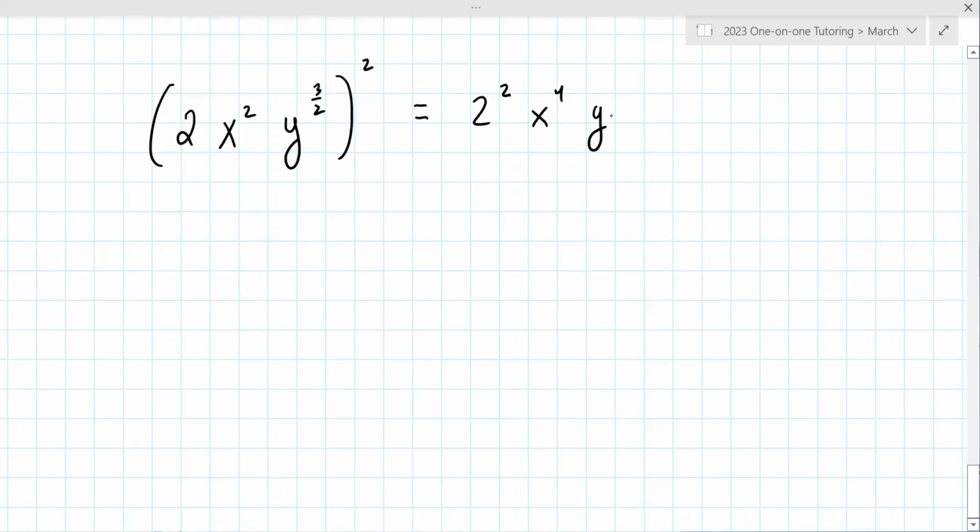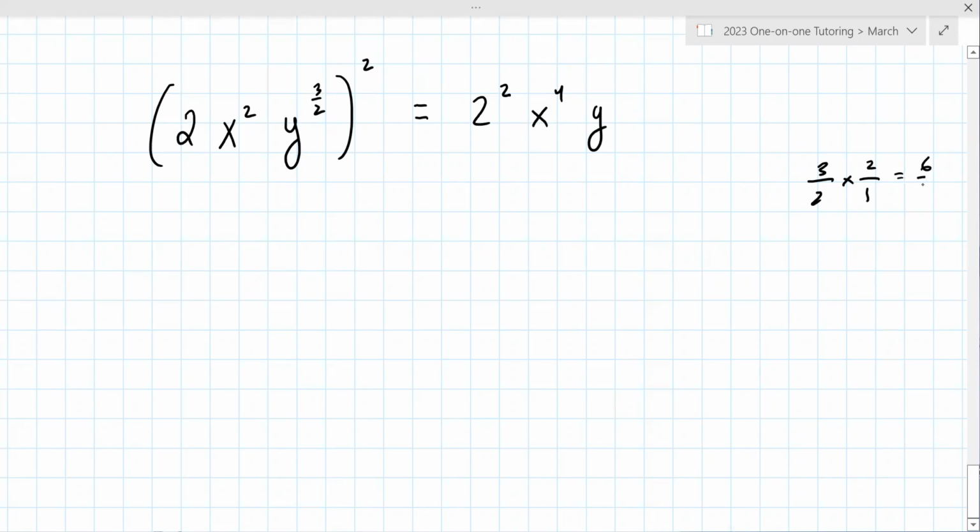So you remember when it's an exponent to an exponent, you're multiplying. So I'm really asking you, what is 3/2 times 2 over 1? That would be 6/2. It would be y to the 6/2.